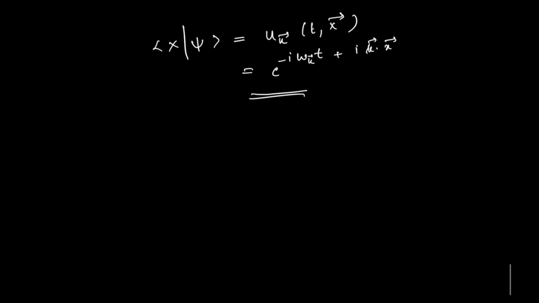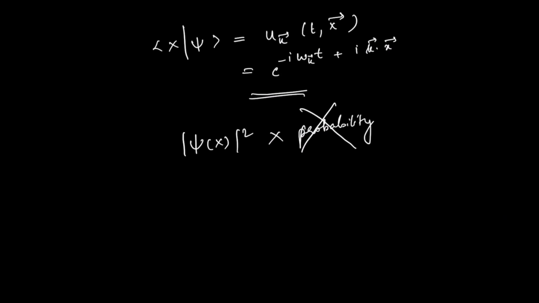So mod psi of x square in general cannot be interpreted as giving the probability of the particle at x. So this is not probability. So psi of x is often used by the people and they just call it wave function. It is just a physical and mathematical analog of wave function in quantum field theory.